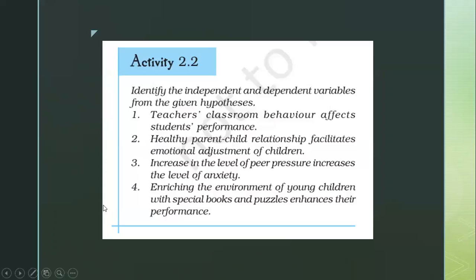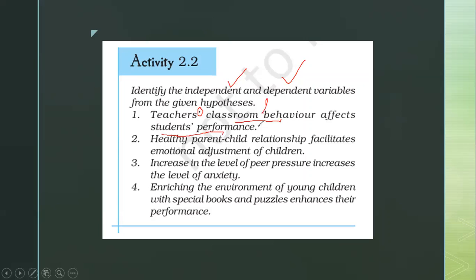Next, we see there is an activity. In this activity, we will try to identify the variables. So far, we understood independent and dependent variables. So what are the variables here? Teachers' classroom behavior affects student performance.